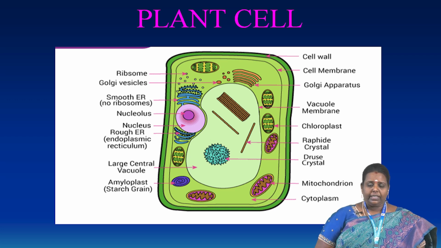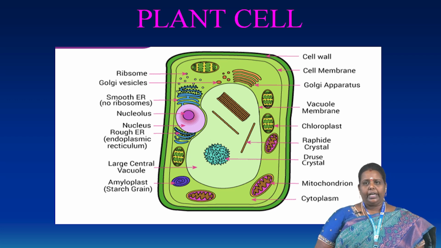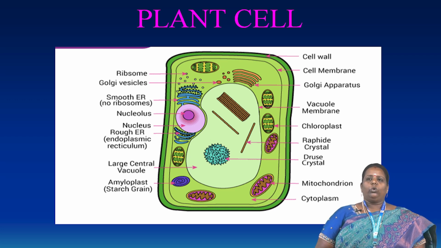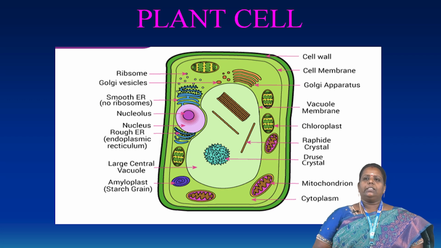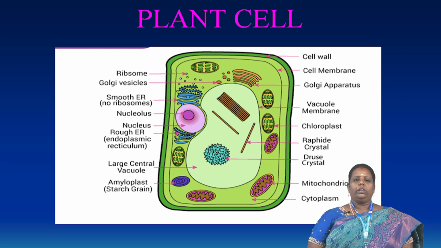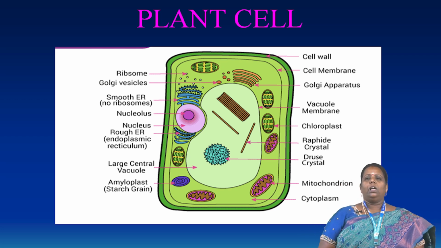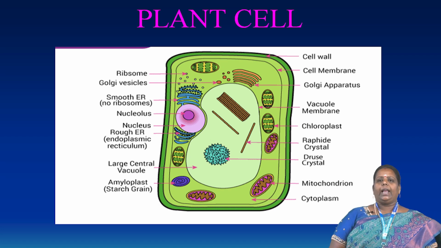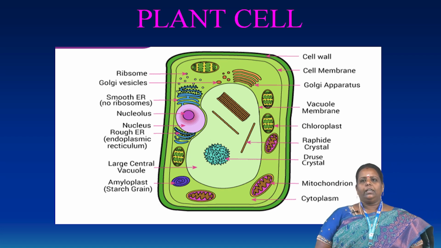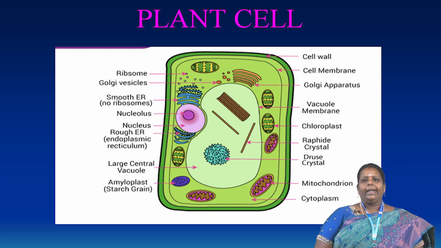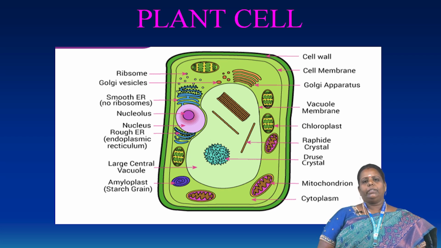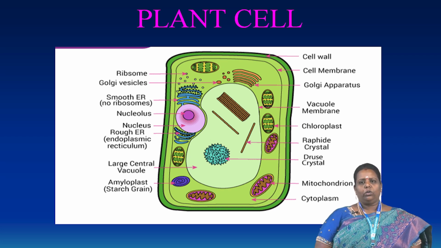Both plant and animal cells have cell organelles. The first, outer cell covering is called the cell wall, and the next covering is the cell membrane. Some of the cell organelles are ribosomes, Golgi vesicles, Golgi apparatus, and endoplasmic reticulum. There are two types of endoplasmic reticulum: rough endoplasmic reticulum and smooth endoplasmic reticulum.